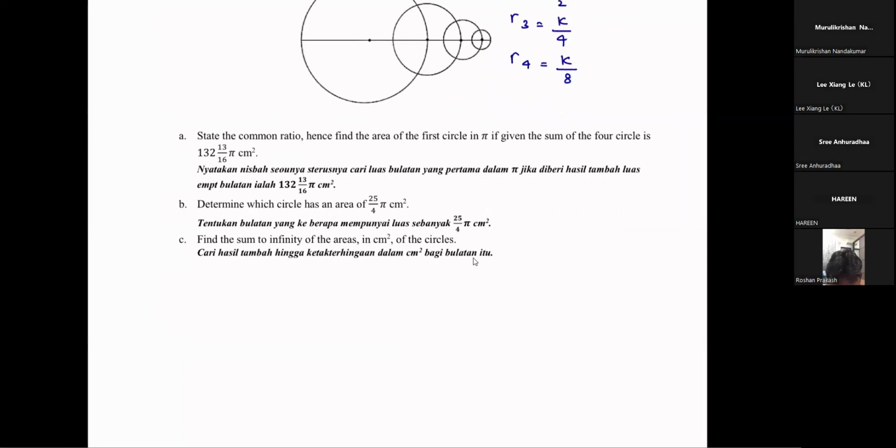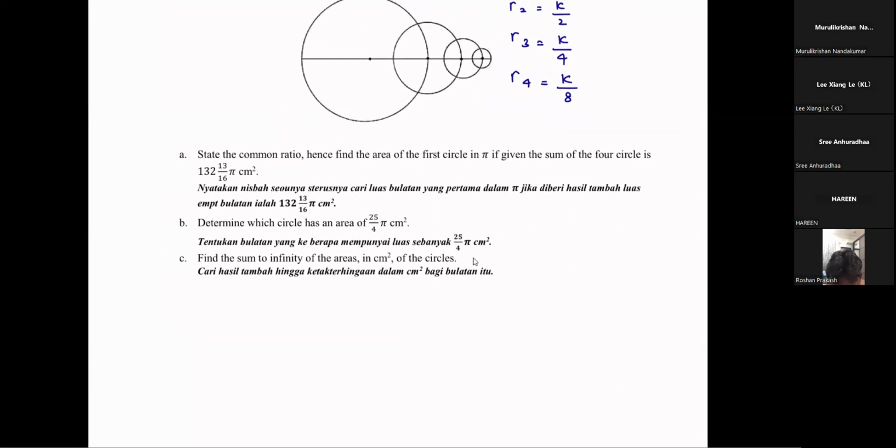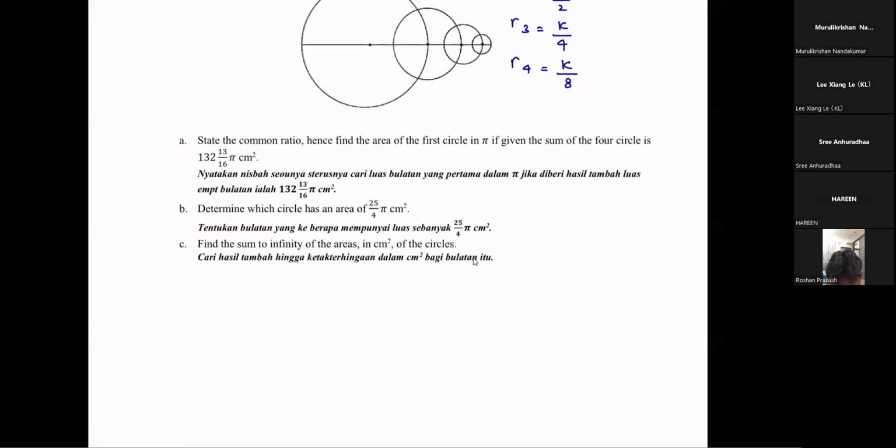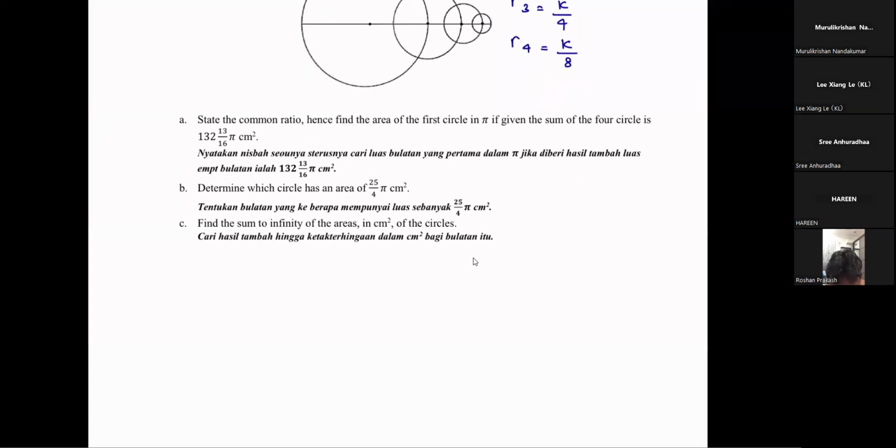Okay, state the common ratio, hence find the area of the first circle in terms of pi. Given the sum of the 4 circles is area. They give you area. Sorry. Okay, area. What is the formula of area of circle? Pi r squared. Thank you.